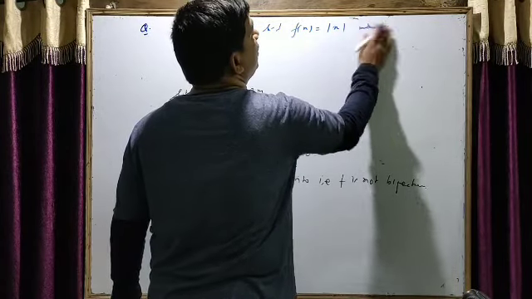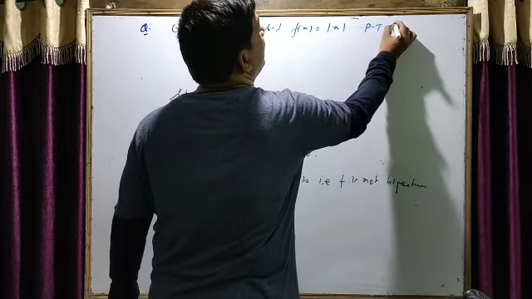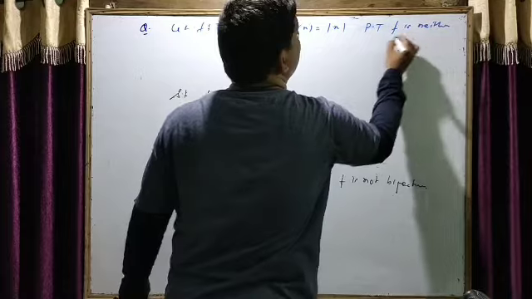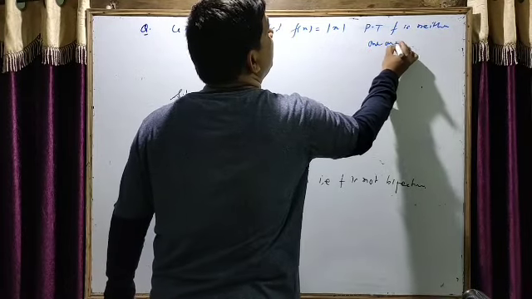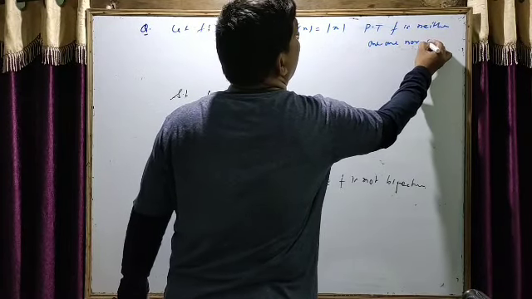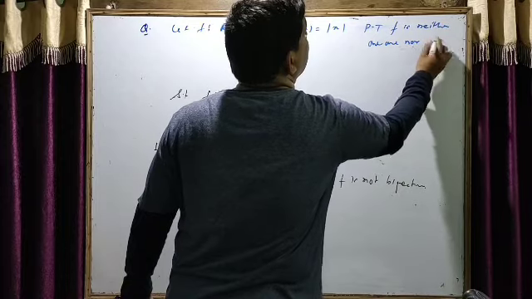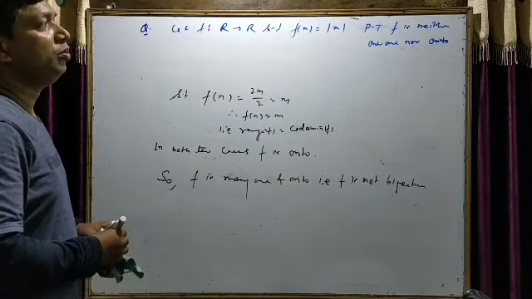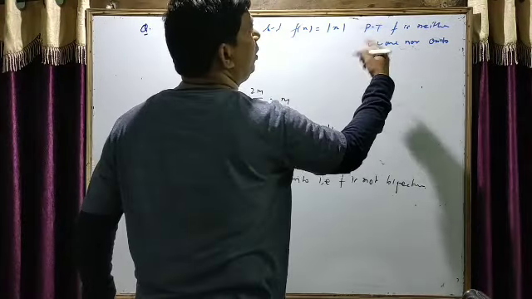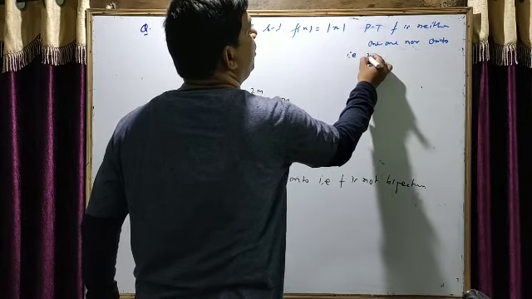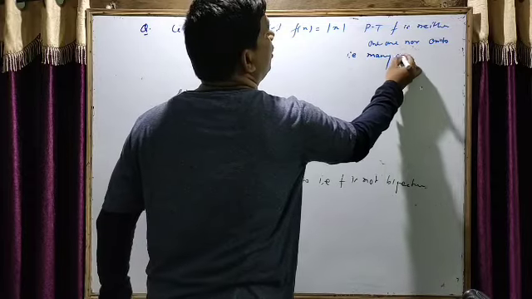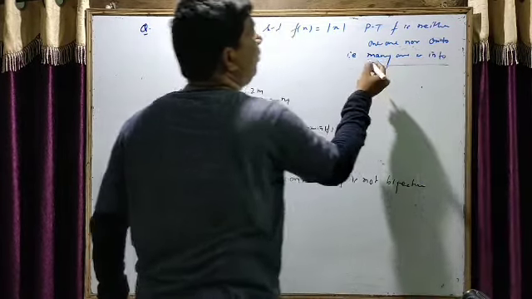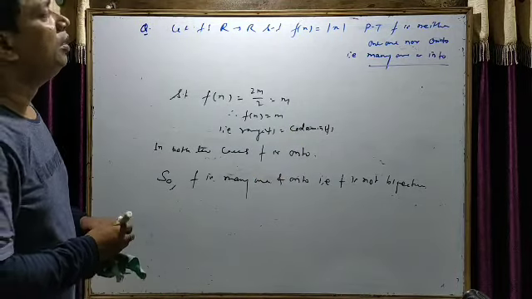Prove that f is neither one-one nor onto. Means it is neither one-one nor onto. It is a case of many one into. Indirectly we have to show many one into.